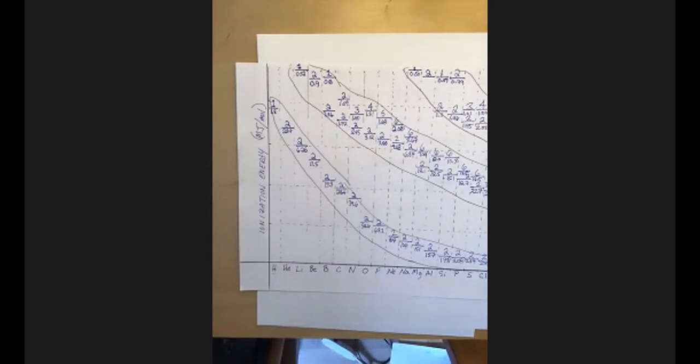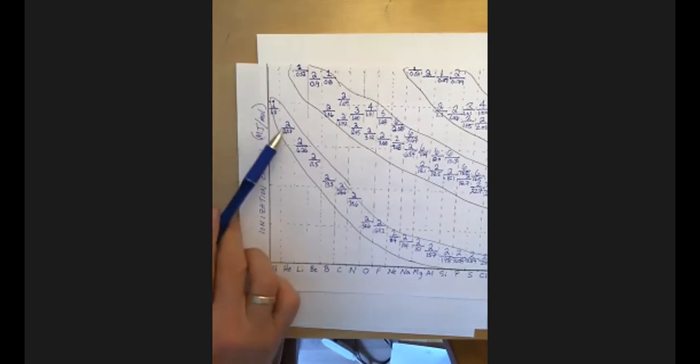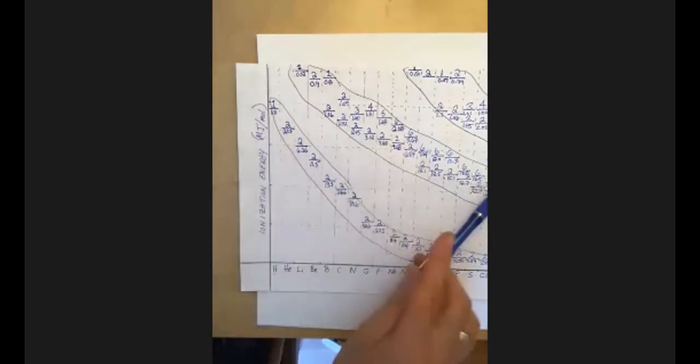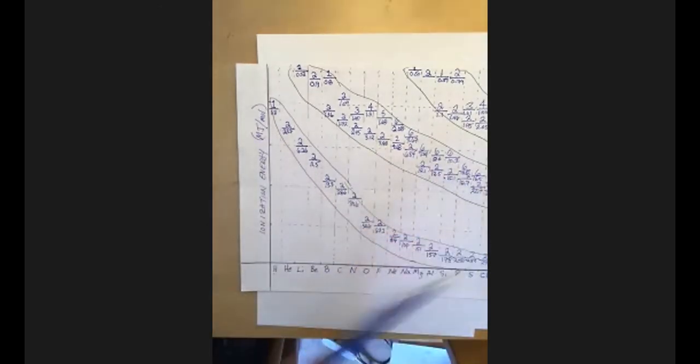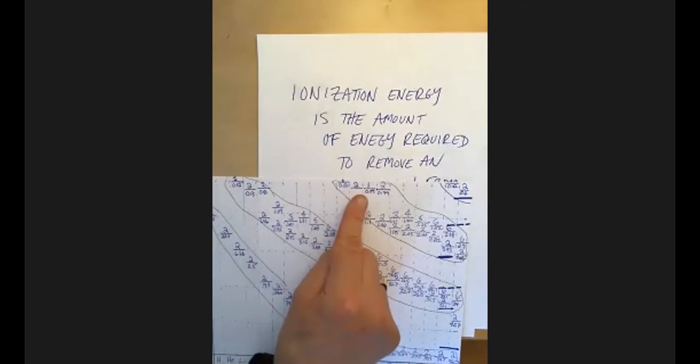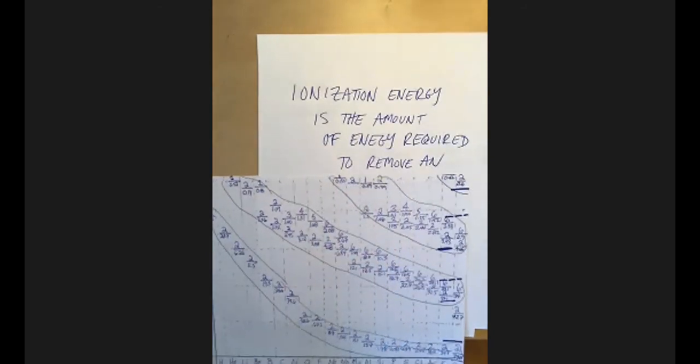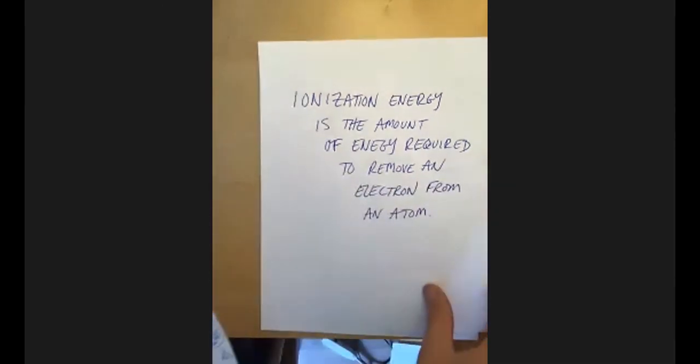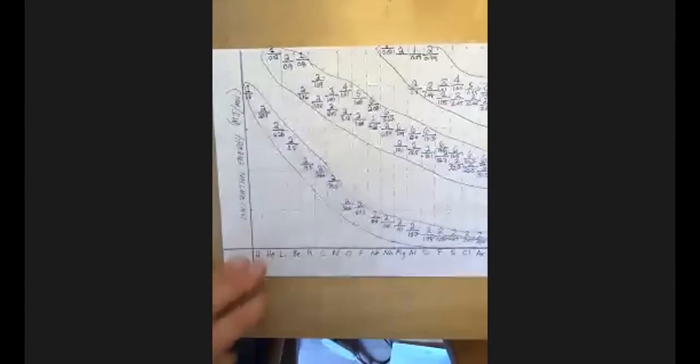But in the photoelectron spectroscopy experiment, we are removing all sorts of different electrons. In ionization energy, we're going to worry about just the outermost electrons. And it's all there sitting waiting for you, just like last time. Take a look.